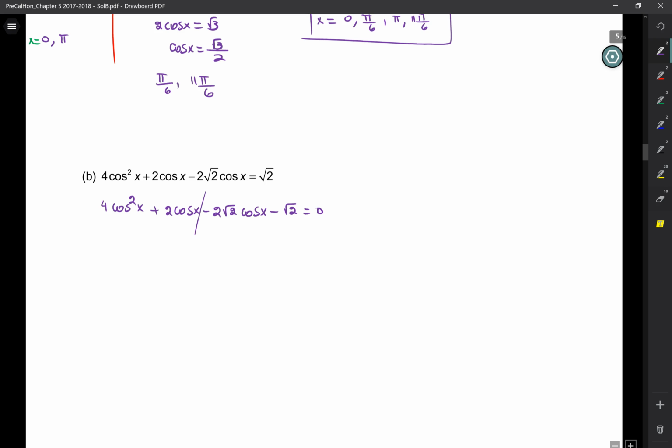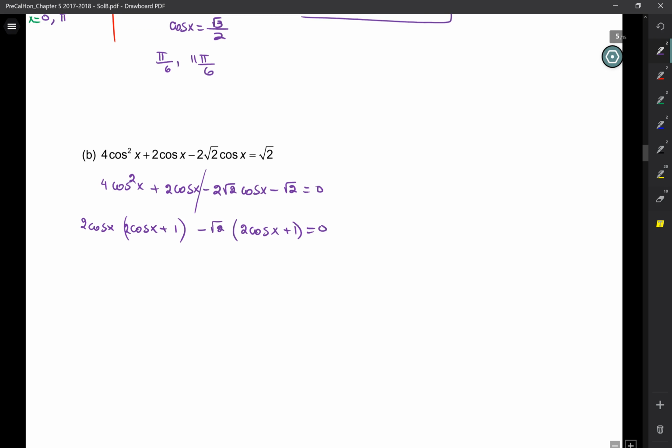From the left-hand side, we can factor out a 2 cosine x, and that gives us a cosine x plus 1. Yes? 2 cosine x plus 1. Minus, we'll factor out a root 2, and we get 2 cosine x plus 1. Wouldn't it be minus 1?